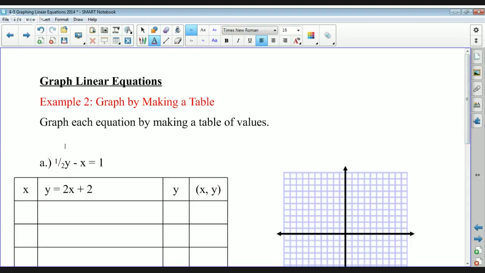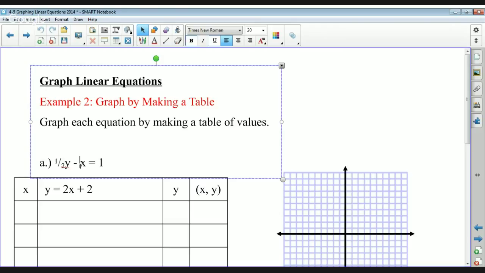So we have the equation 1/2 y minus x equals 1. Well, the first thing that we need to see here is that we have y and x together. So we need to get this x to go to the other side.